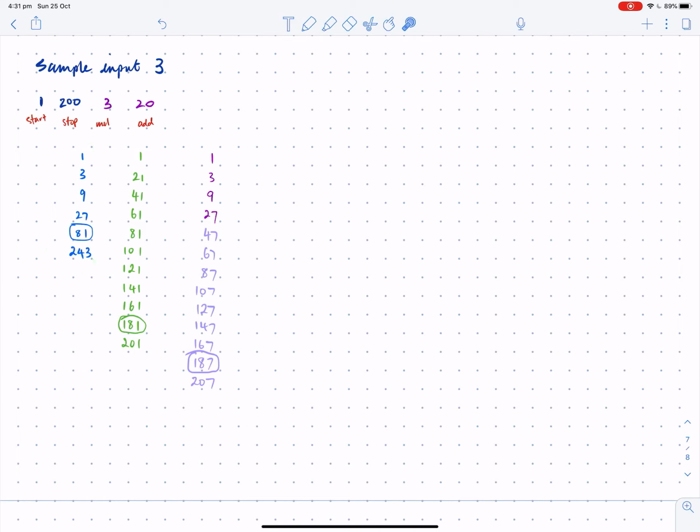Then your chain of numbers goes 1, 3, 9, 27, 81, 243. Now 243 is greater than our target, and so we would stop at 81, and our answer, because we're counting the EXP value, would be 1, 2, 3, 4, 5. Right? Our answer that we print out would be 5.